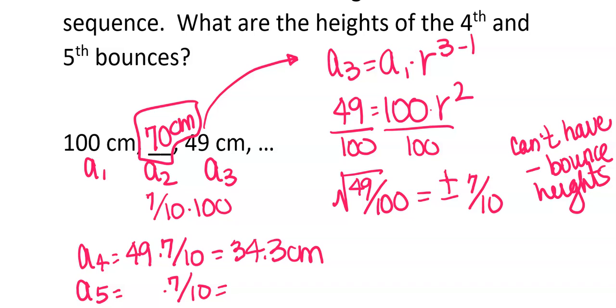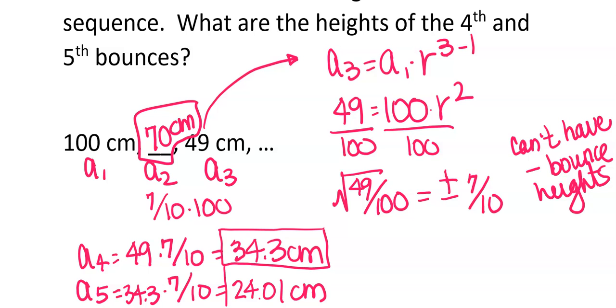We can have decimal answers here because it is talking about real life bouncing. And then we take 34.3 times 7/10 again, which is 24.01 centimeters. So I was almost done. I just didn't read the question very well.